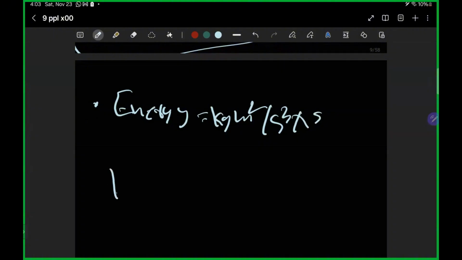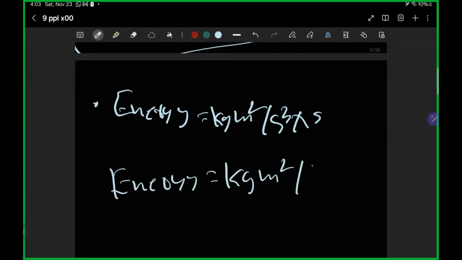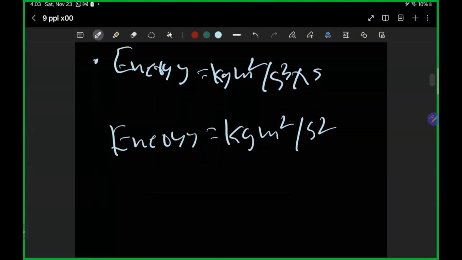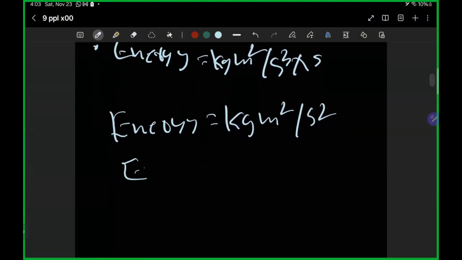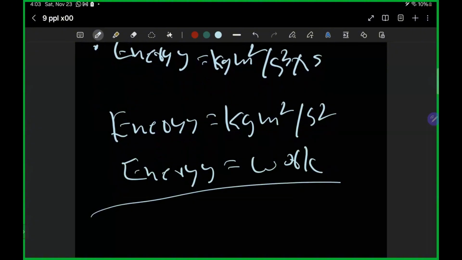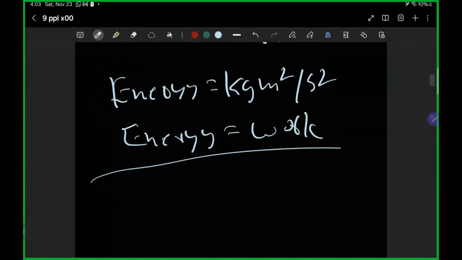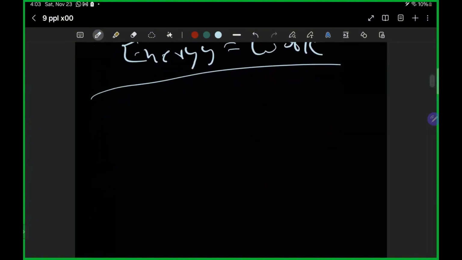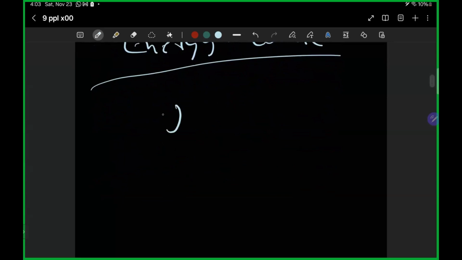So energy will be equal to kg into meter square per second square, because 1 second is cancelled with second cube. So the unit of energy and work is the same, and they both can be calculated in joules.